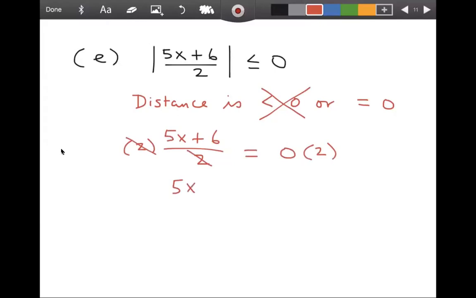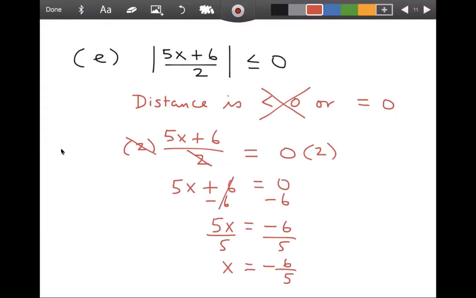Leaves us 5x plus 6. Subtract 6 from both sides. 5x equals -6. Divide both sides by 5. The only solution is just the single number -6/5. So for the first time in this section, we are going to write the solution set using curly braces, which is what we do when they're just isolated points.